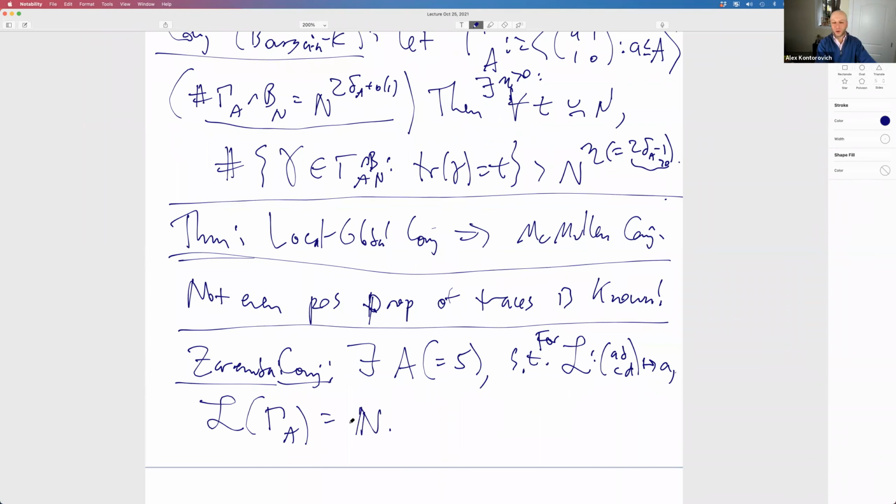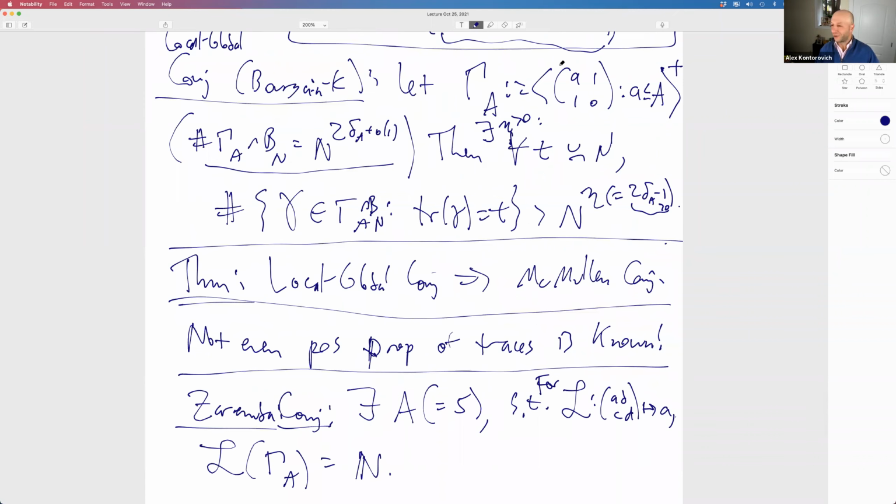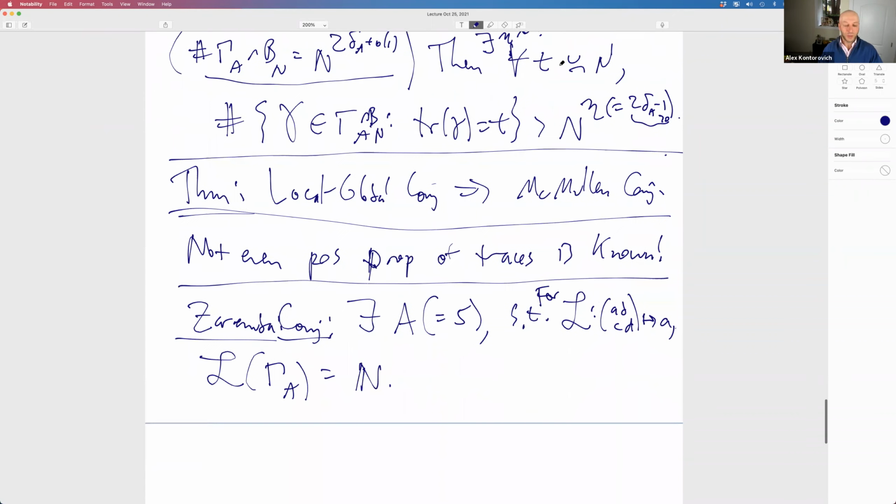So every natural number arises as the 1, 1 entry of this group. And this is related to all kinds of fascinating things that, again, I don't have time to say anything about. But in this case, one can prove a positive proportion. In fact, one can prove density 1. This is what Bourgain and I proved some years ago.